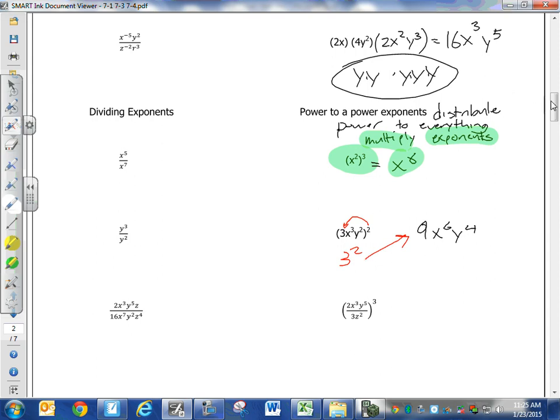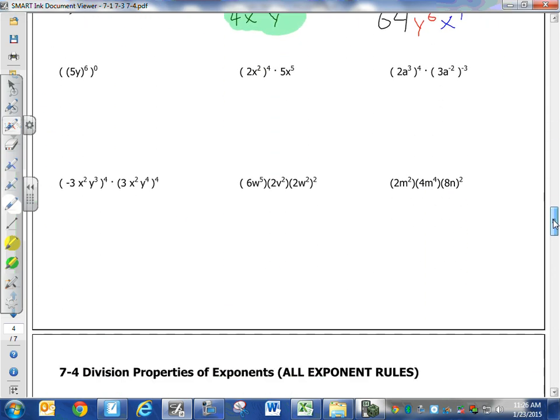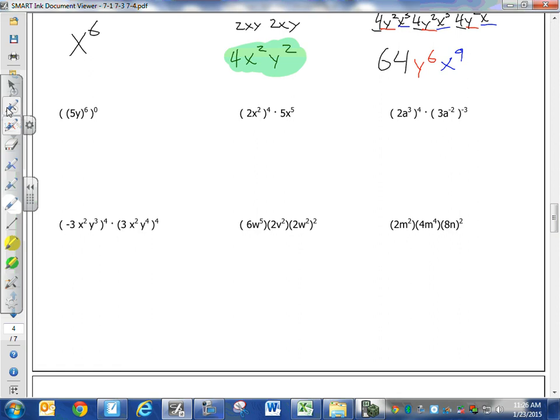Okay, let's go back to that previous page. Skip this one. Let's do this one. Well, there's a property that we'll talk about that you'll get. Skip this one. Do 2x squared to the 4th times 5x to the 5th on your sheet of paper. When in doubt, write it out.